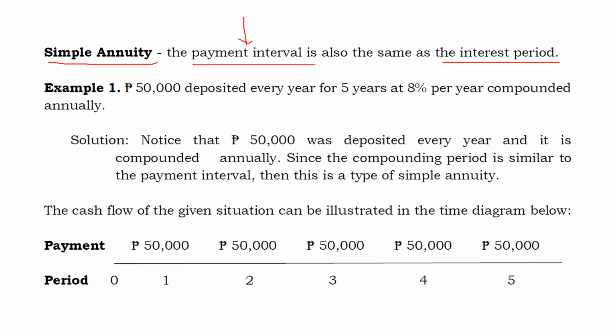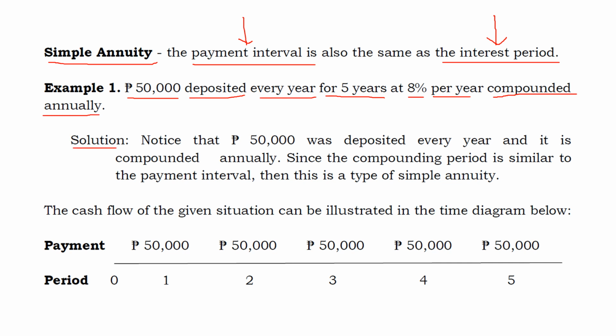For example, number one: 50,000 pesos deposited every year for 5 years. Meaning to say, after 5 years, there is 250,000 pesos being deposited, wherein we can apply an interest rate of 8% per year, or per annum, compounded annually.